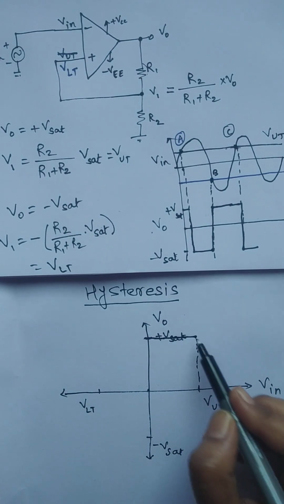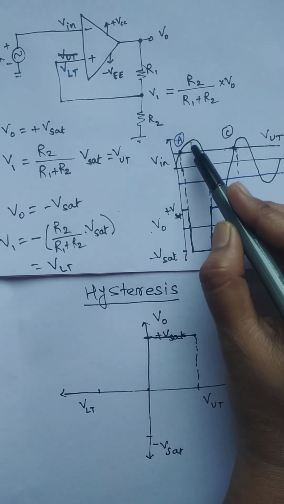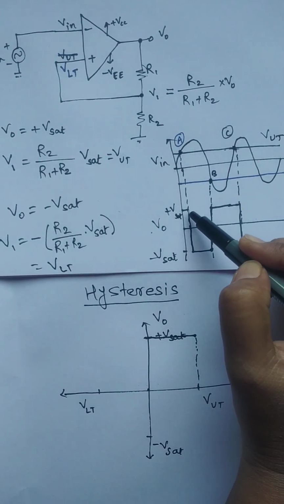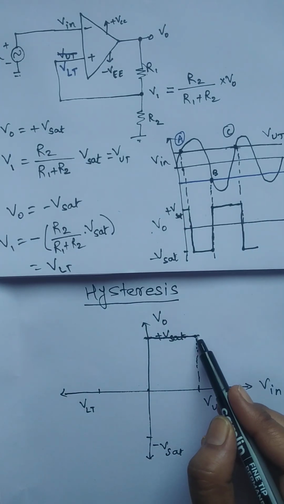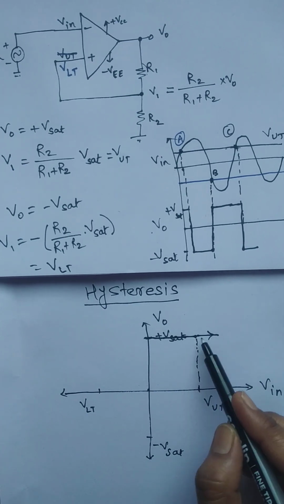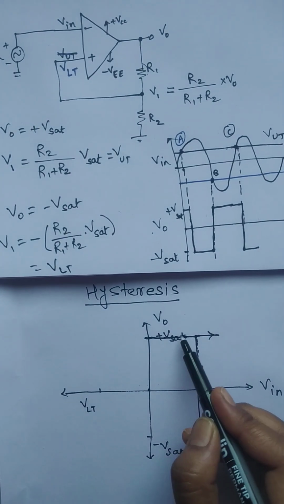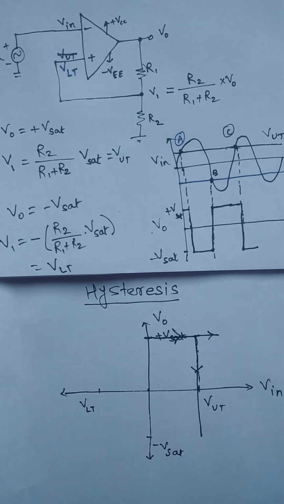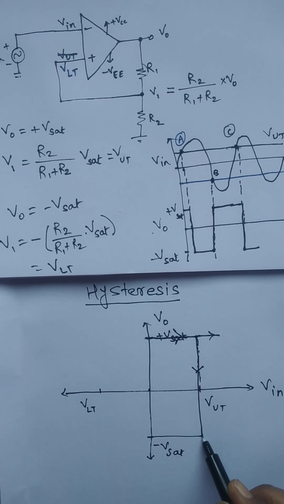As soon as it crosses VUT, output voltage switches to minus Vsat. You can show it with the help of an arrow. So it will switch to the minus Vsat level.